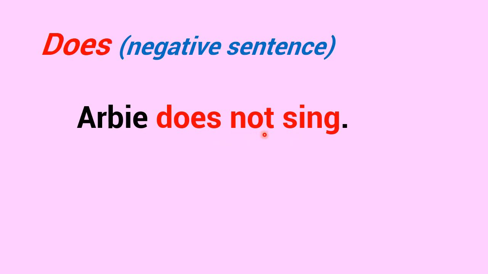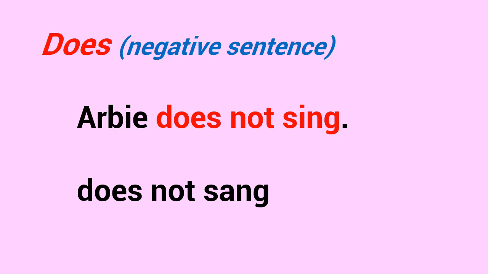Not here signifies it's a negative sentence. Sing is the base form of the verb sing. And we are not supposed to say Arbie does not sang, because sang is in the past tense and it's not the base form of the verb sing.